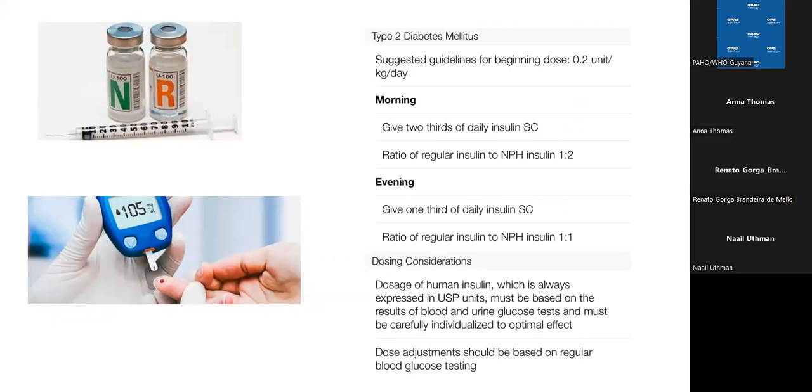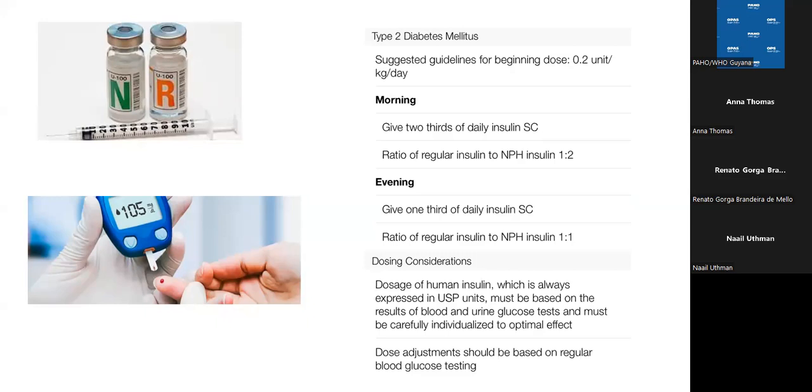Give 2/3 of this total daily insulin dose before breakfast, and the other third at bedtime.